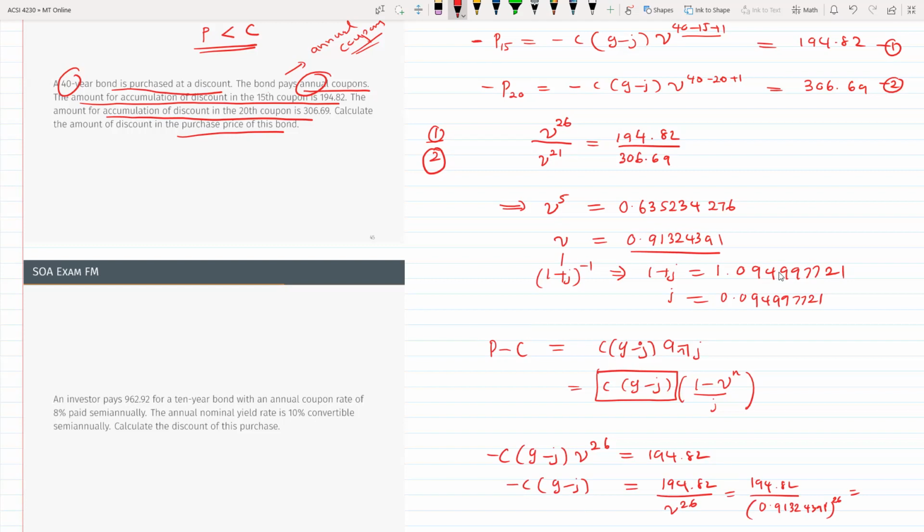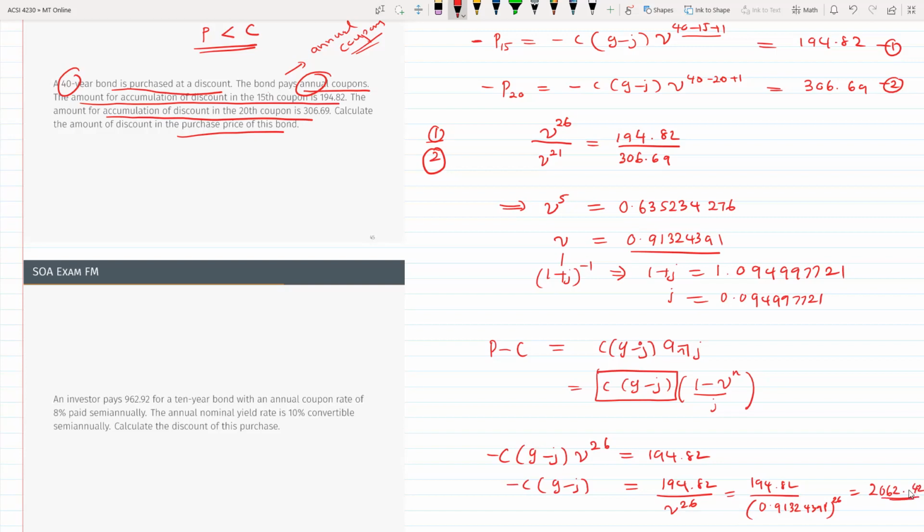So let's see what we get. Divide by 0.91 to the power 26. So I would get 2062 and 42.